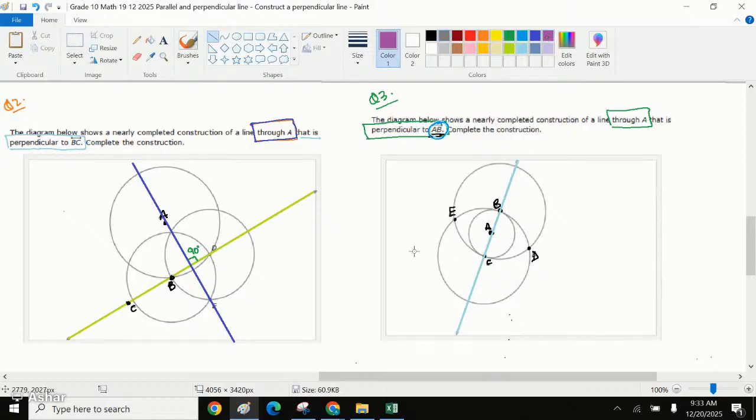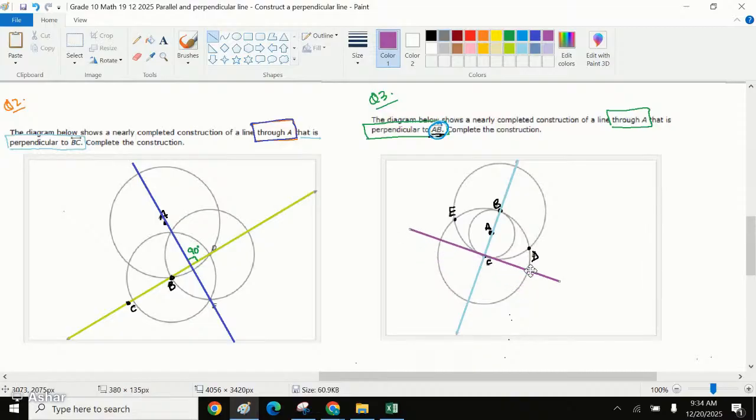So can I say that this line is the perpendicular to this line? Do we agree on this? Are these 2 lines perpendicular to each other? Yes, they are perpendicular, right? If they are intersecting each other at right angles, then they are perpendicular.